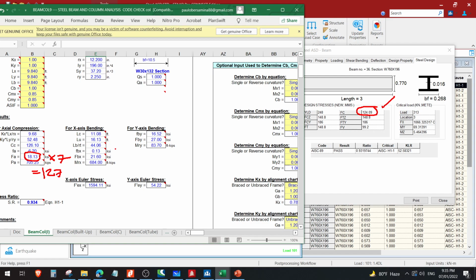Okay, yung kanyang x-axis bending, yung capacity niya sa strong axis, 21.6 times 7. I'm getting 151.2, which is pretty close dito, 148.8. Then, pagdating sa weak axis bending, ang kanyang capacity is 27. Take note, no? Yung kanyang actual bending, 16.